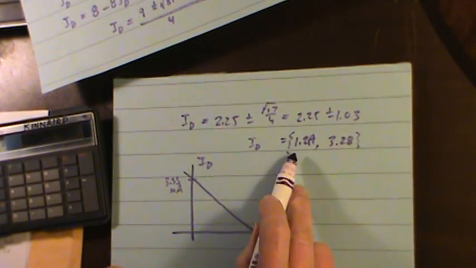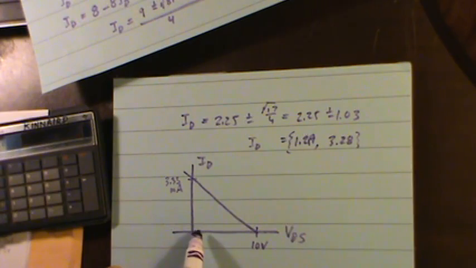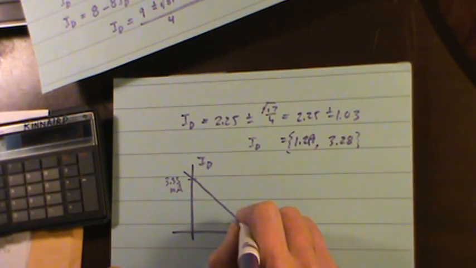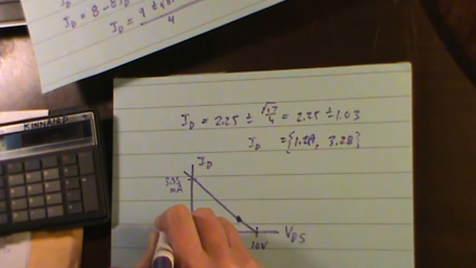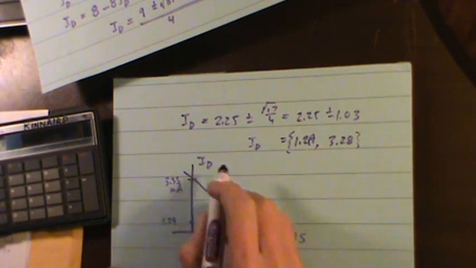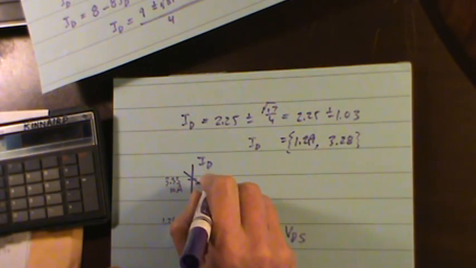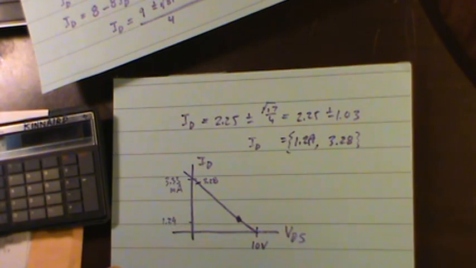Okay, so one of those answers is at 1.219, which is down along there, and the other answer is 3.28, which is really close to there. So looking at this, the smart money says that is probably in the triode region and is not going to be a good thing. We can go back and check that later, but I like this 1.219 answer.